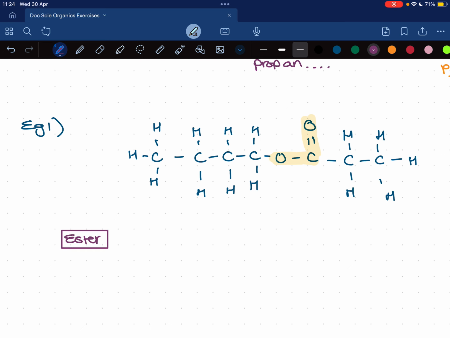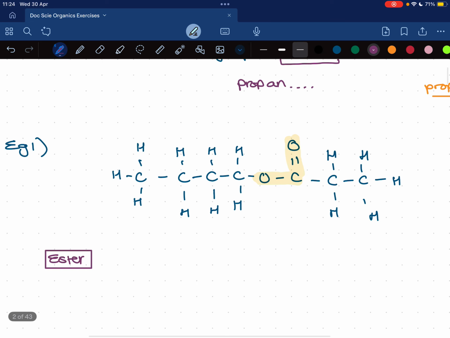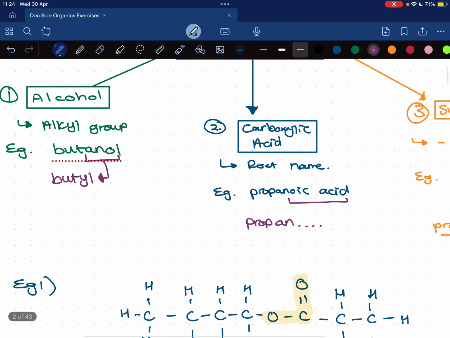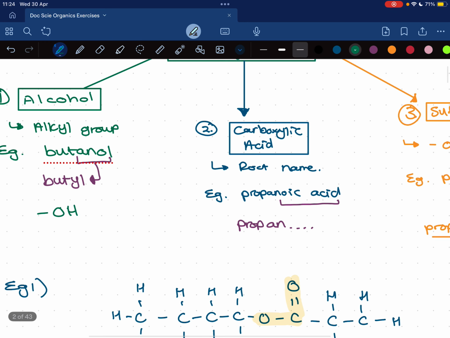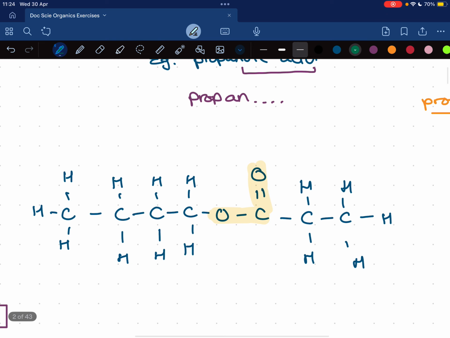In order to name the ester, we need to start with the alcohol. Now, the alcohol comes from the hydroxyl group. The hydroxyl group is the OH. Remember, the carboxylic acid is the double bond, single bond OH. So the single bond oxygen is here, which means that the alcohol is the part of the chain that is bonded to the single bond oxygen there.